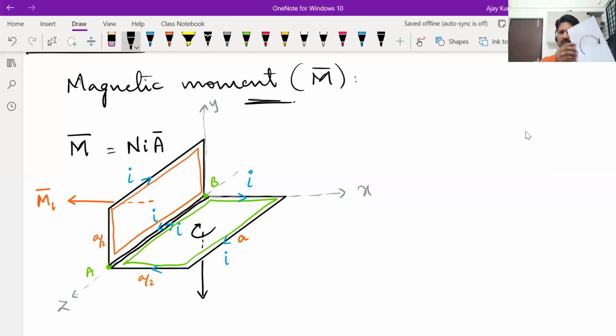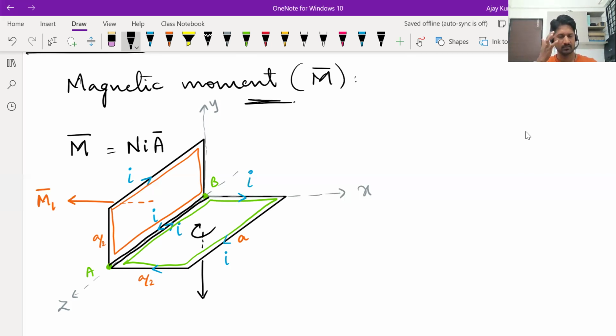Okay, this curved arrow, does it appear clockwise to you all or anti-clockwise? Clockwise. Okay. This is my right hand. I'm curling my right hand fingers along that clockwise arrow. Then the thumb is pointing into the paper, into the sheet of paper. Now the same thing is in the horizontal plane. It's like this. You can imagine the edges of this paper itself as that loop. So curl your right hand fingers clockwise, the thumb will be pointing downwards.